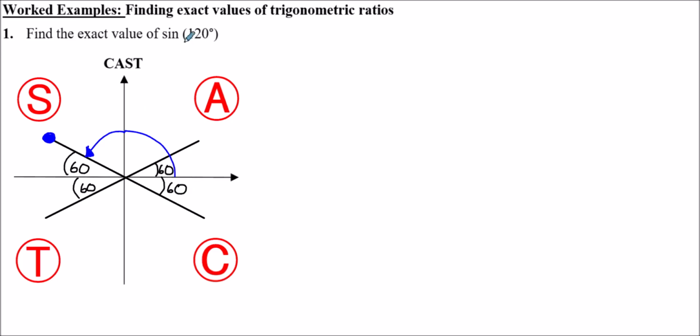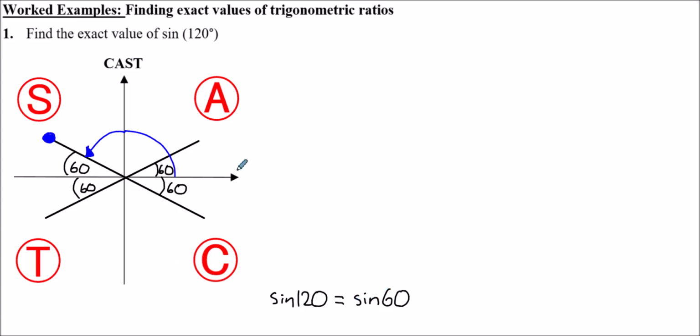Okay, so sine 120 is going to relate to sine 60, because if you remember from last lesson, we only need to consider the sine, cosine or tangent of the angle made in between the x-axis and these lines here, which is 60. So sine 120 is either going to be positive sine 60 or negative sine 60. It's just a question of if we put a minus sign here or not.